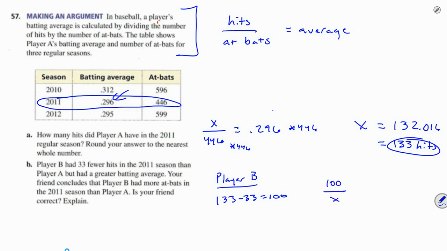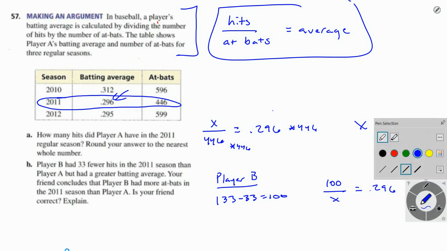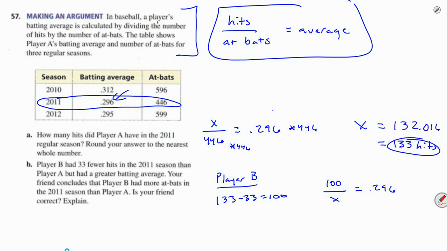We don't know how many at-bats using this up here. We're going to set it equal to .296, knowing that we want it to be bigger than that. And a weird thing here, we're not actually going to mess with the number first. It's hard. So we're going to multiply both sides by x and turn it into this problem.